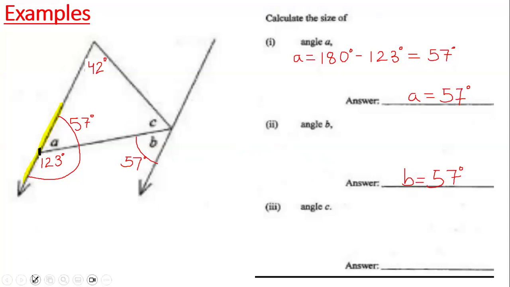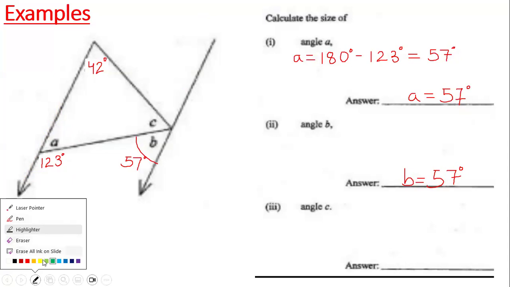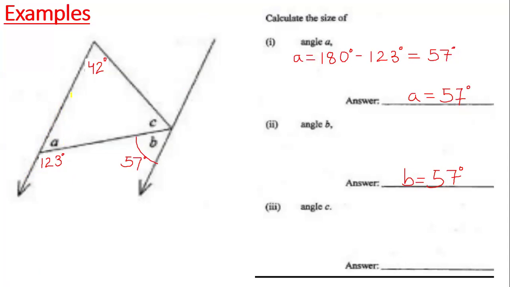And I can show you the shape that they form. Let me show you. They form a Z shape, right? So we have a Z shape here. Let me highlight it. This is the Z shape.